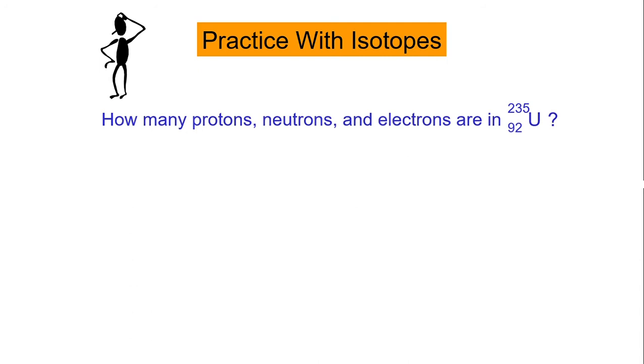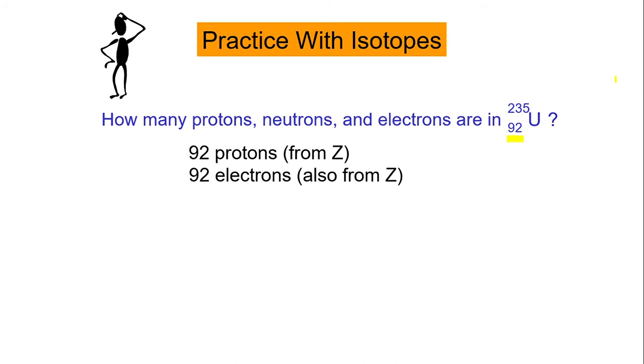Okay, number of protons, we get it from, that's right, the atomic number, which is that symbol there on the bottom left. So it'll have 92 protons. Since this is a neutral atom, in other words, it doesn't have a charge, the number of electrons should be what? Same thing, same as the number of protons, right?